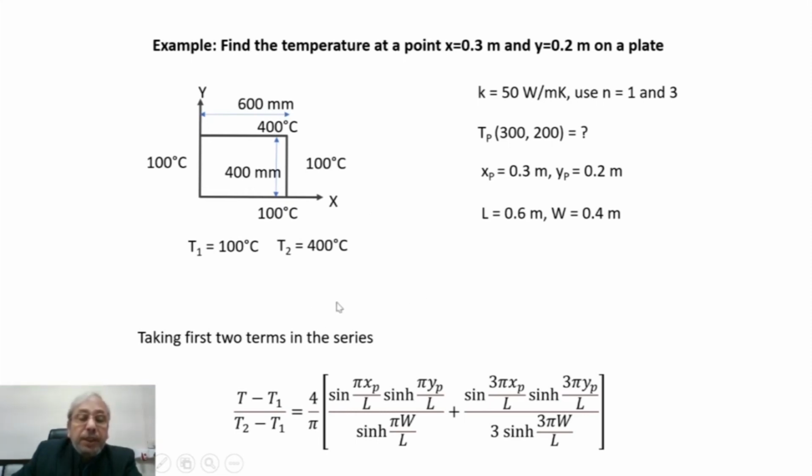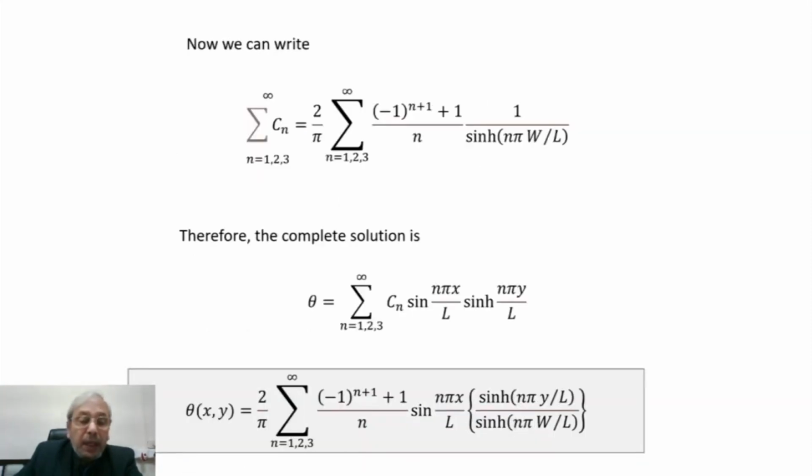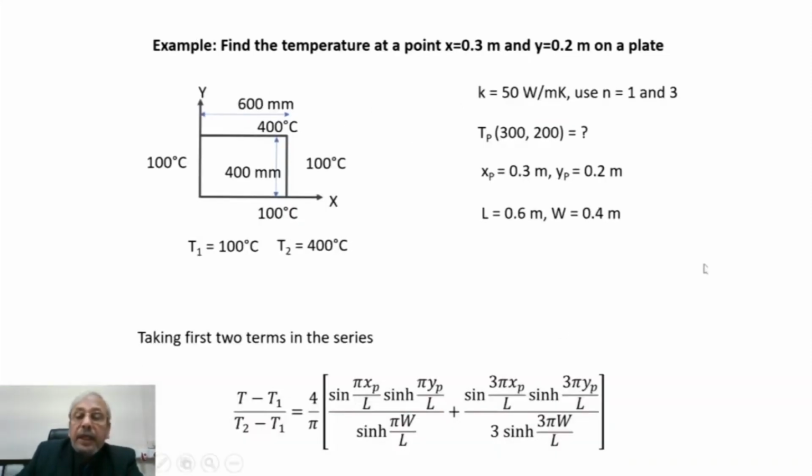So if we go back to our solution, which was given by a summation over this series, where n can be varied from 1, 3 up to infinity, we can take n equal to 1 and 3, and that will give us an accurate enough solution.